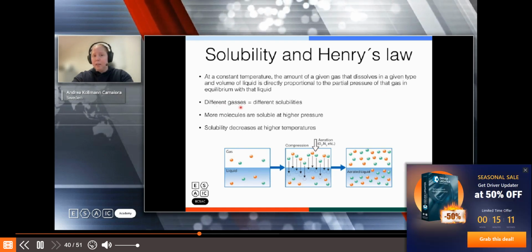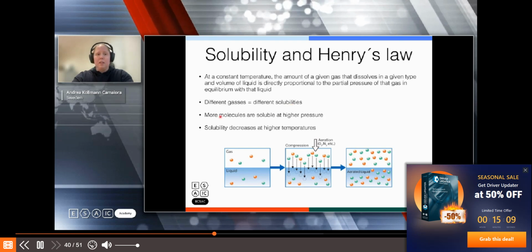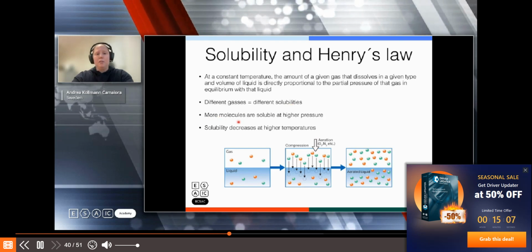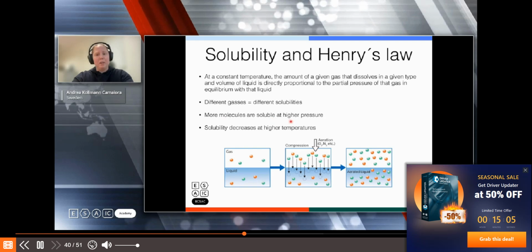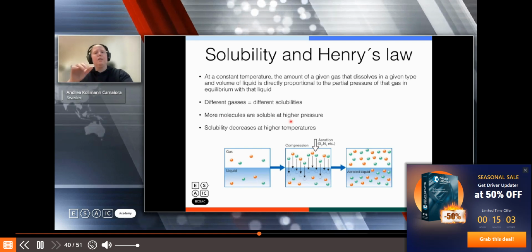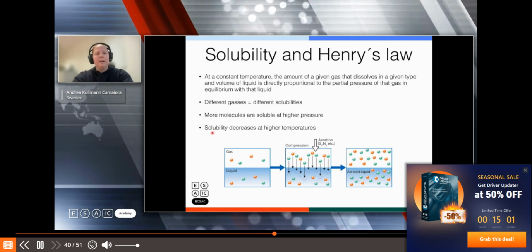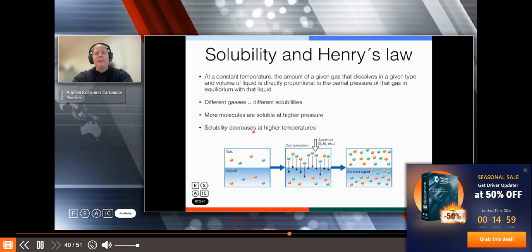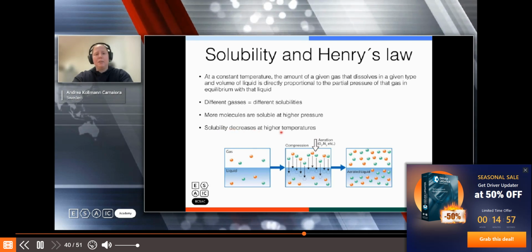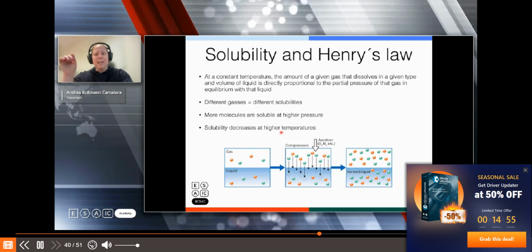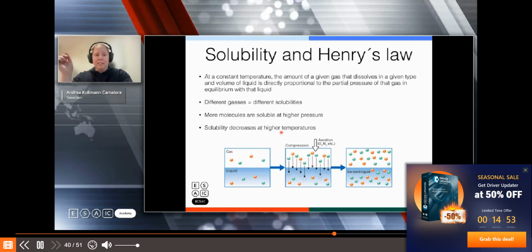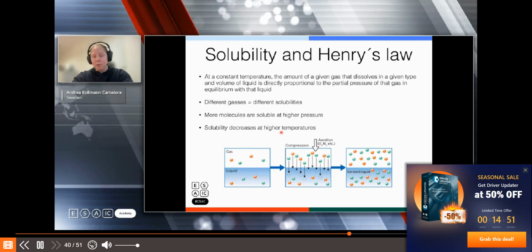Different gases have different solubilities. More molecules are soluble at higher pressure because I'm pushing them to dilute. And solubility decreases at higher temperatures because if the molecules have more energy, they don't want to dissolve.